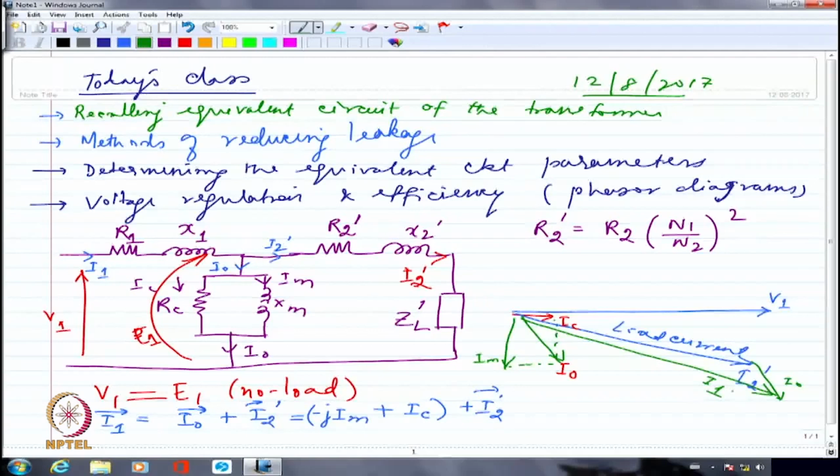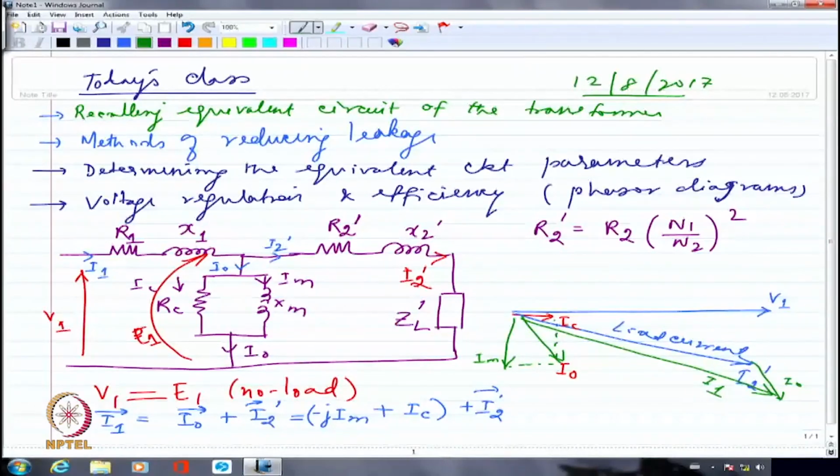Okay, so now I should be able to draw finally the overall current. I should draw I0, which I will show like this. I hope I am showing it at the correct angle. So this is I0, and now both of them added together should give me I1, the overall I1.